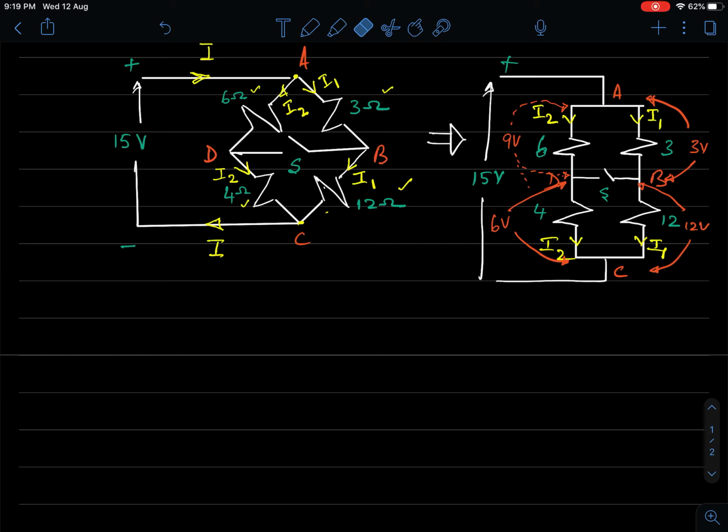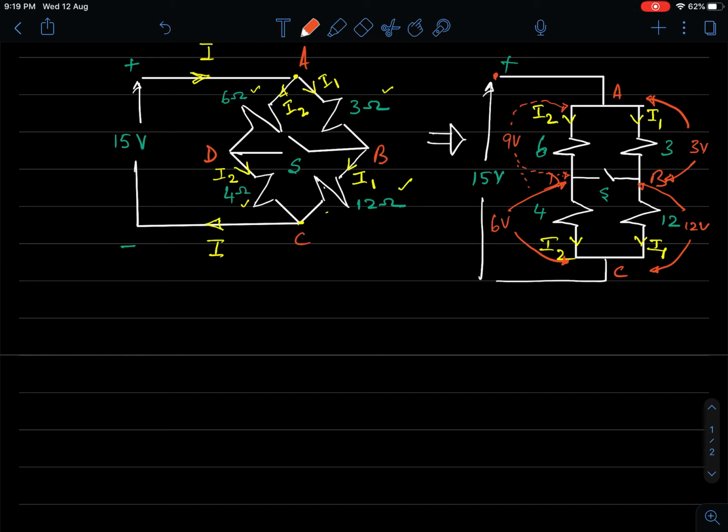So if you have 15 volts at the positive end, A is at 15 volts, plus 15. Then there is going to be a drop in potential of 3 volts. So the potential at B is 15 minus 3, that is 12 volts.